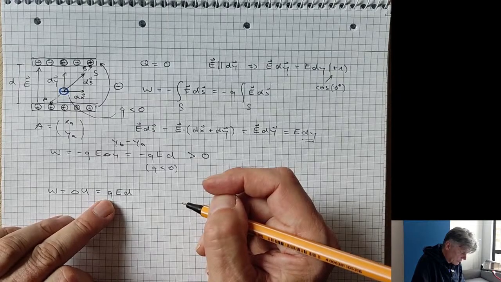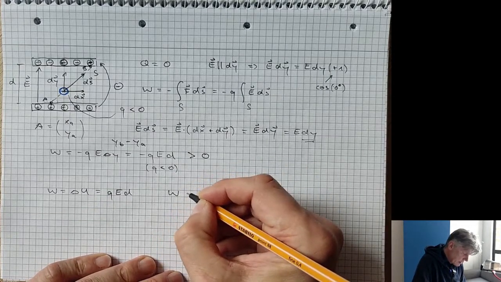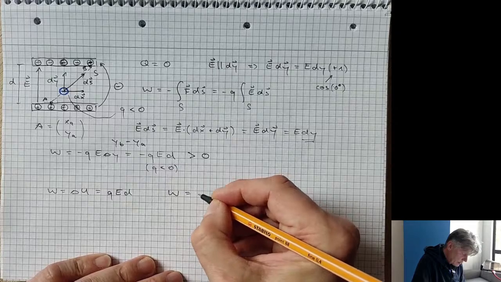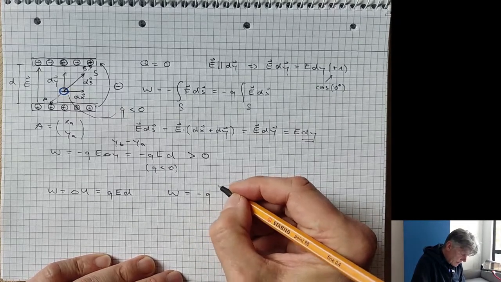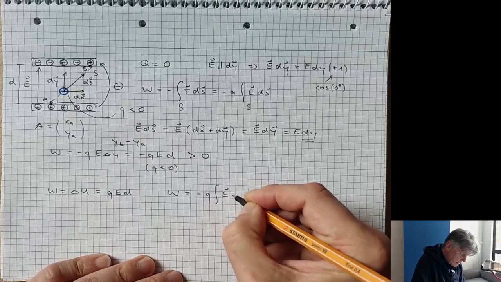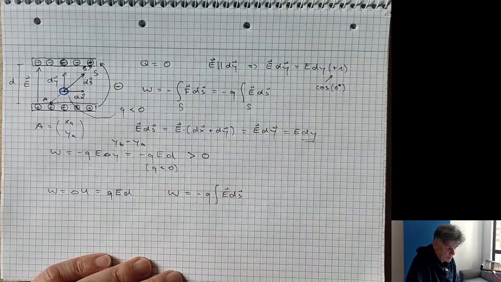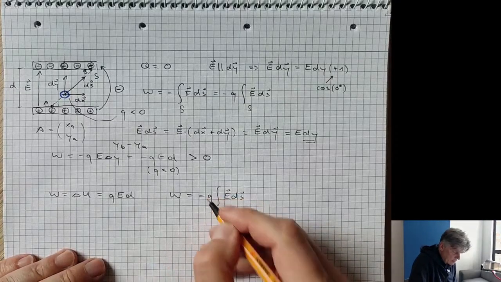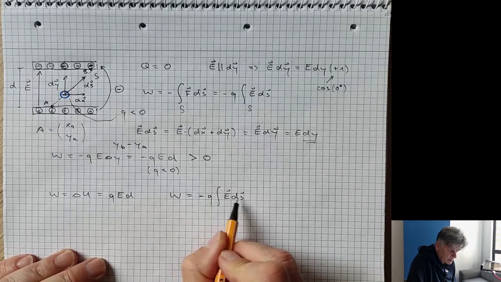This is true when it's positive. So more generally, W would be negative Q integral E ds. That is the most general expression. And the compensation of this negative here comes from the scalar product of E and ds.